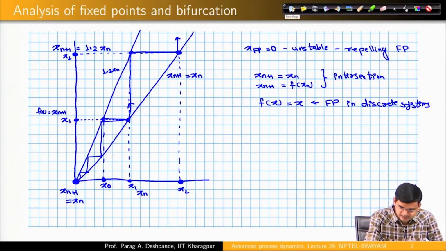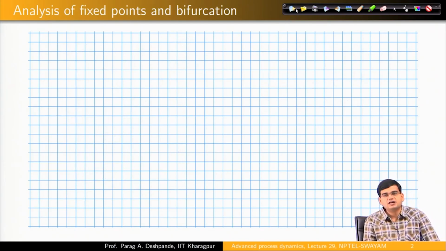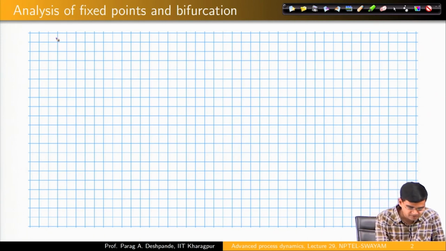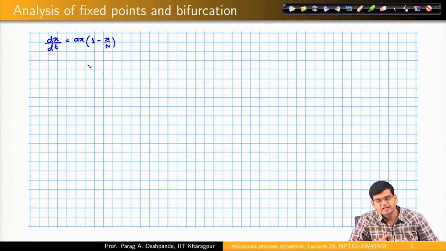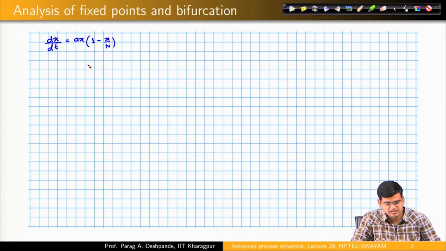If this is the case, then can we have another model which can be analyzed in the same manner? So, another model was dx by dt is equal to a x into 1 minus x upon n. Okay. So, before we analyze this model, this model has this x squared term.